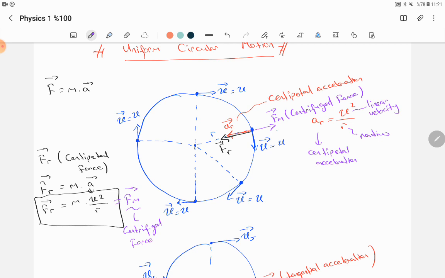But in some exercises the centrifugal force is used, so that it is also equal in intensity, and sometimes this is used instead of the centripetal force.